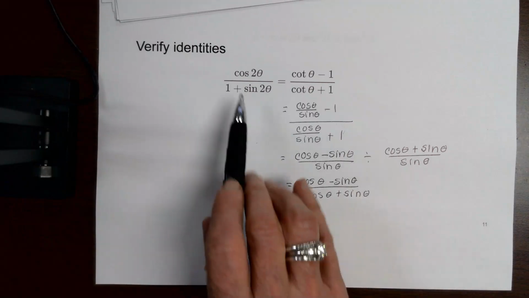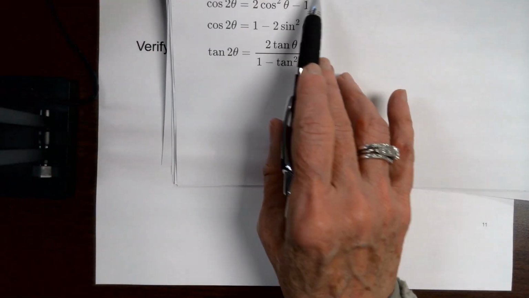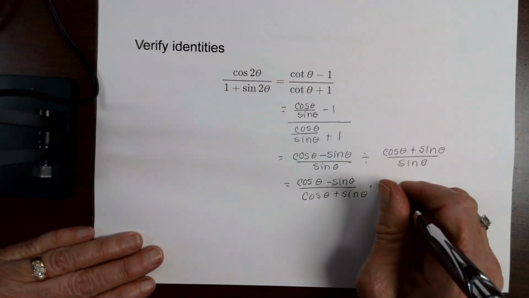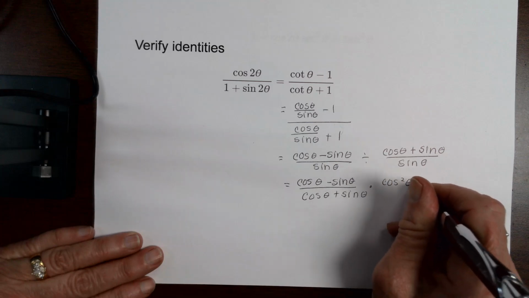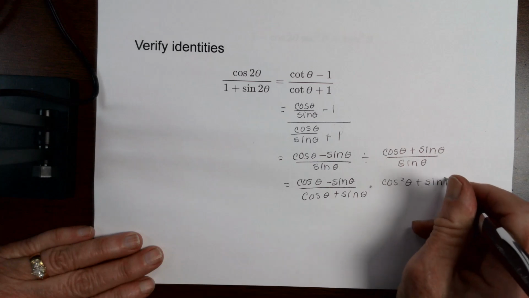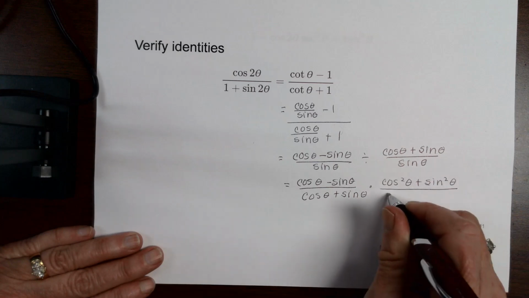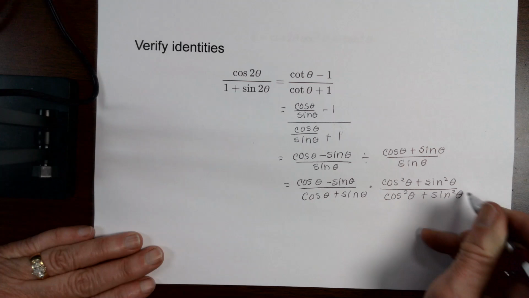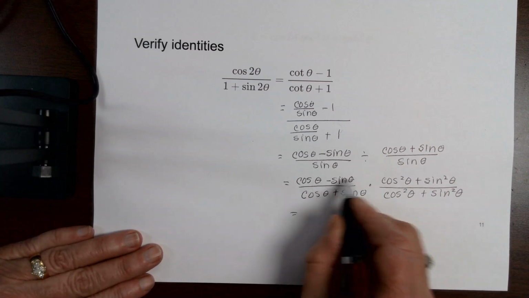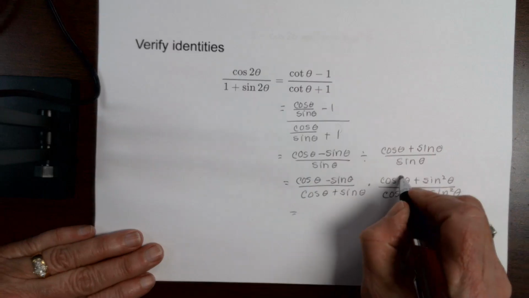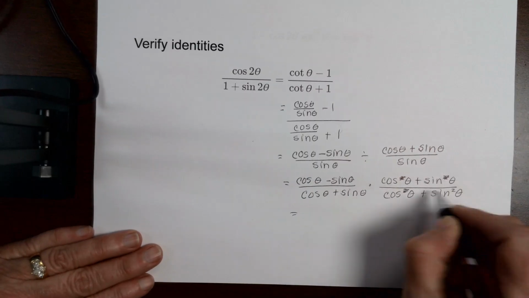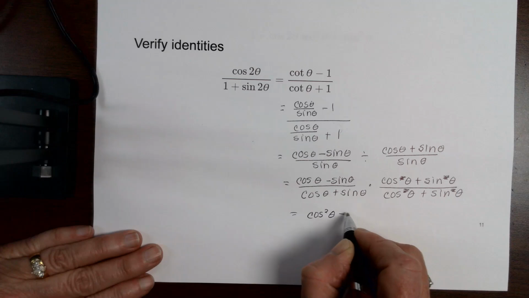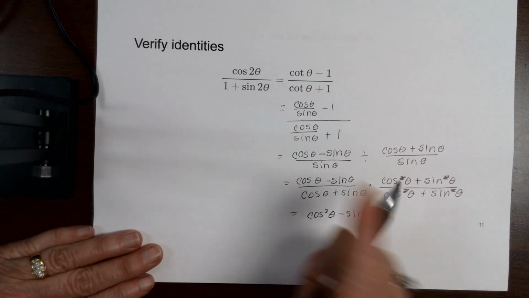I can do the difference of squares and come up with that cosine squared theta minus the sine squared theta. So if I multiply the top and the bottom here by the cosine squared theta plus the sine squared theta, and it's legal as long as I do it to the top and the bottom, because then it's like multiplying by 1. So on the top, this is the difference of squares. Okay, so that's going to give me cosine squared theta minus sine squared theta, which is what that's equal to.